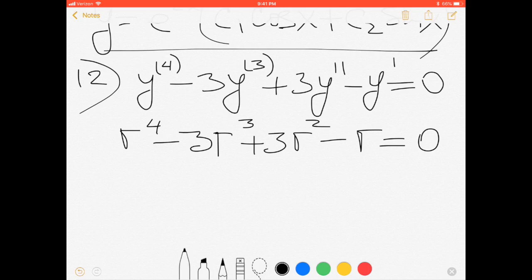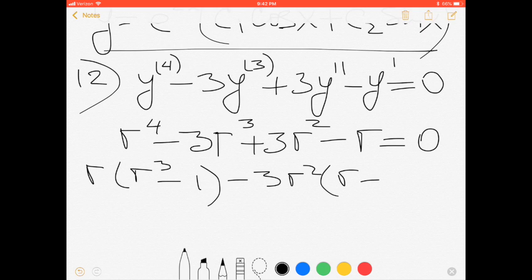Here we take r out, we have r cubed minus 1. Here we have minus 3r squared out. We have r minus 1 equals 0.